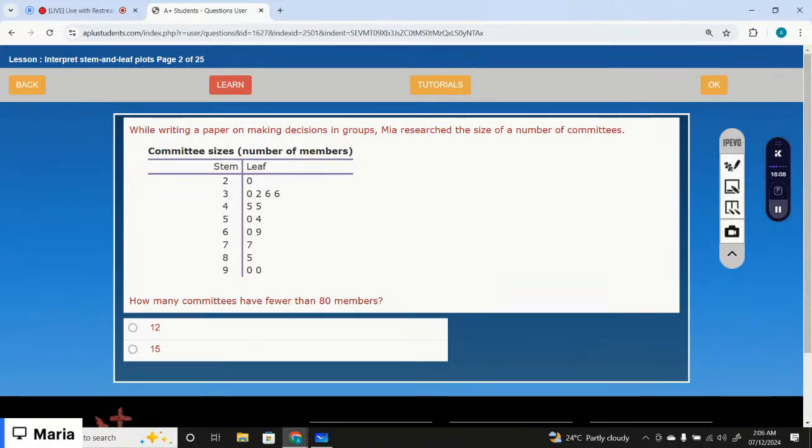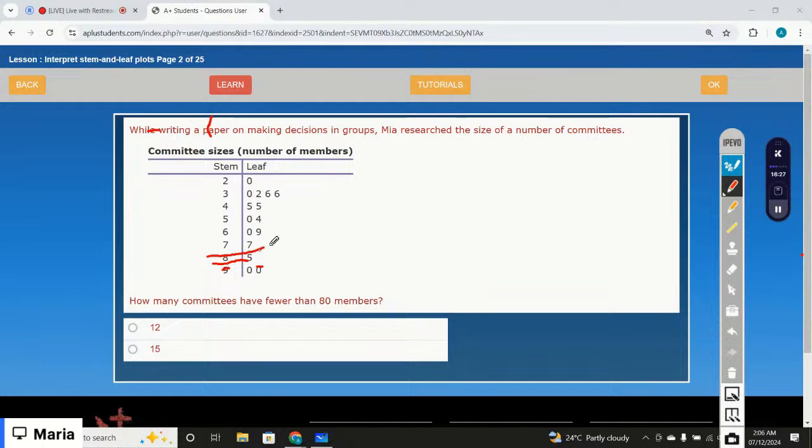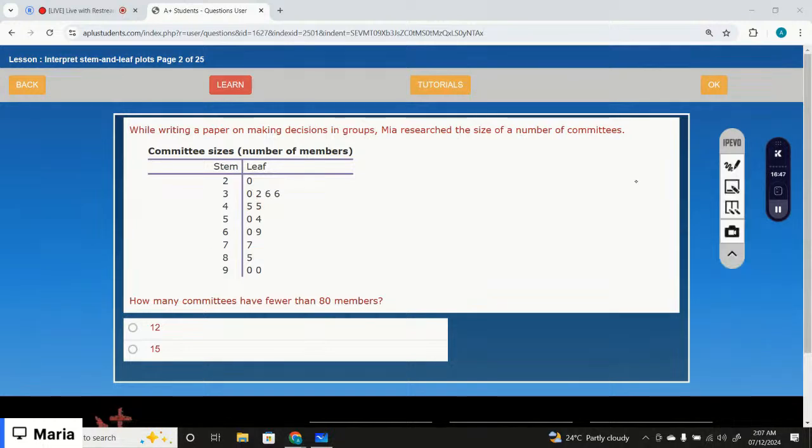You have to count all the numbers that are less than 80. 1, 2, 3, 4, 5, 6, 7, 8, 9, 10, 11, 12. 77 is the largest. So the correct option is 12. Option number 1 is the correct option, that is 12.